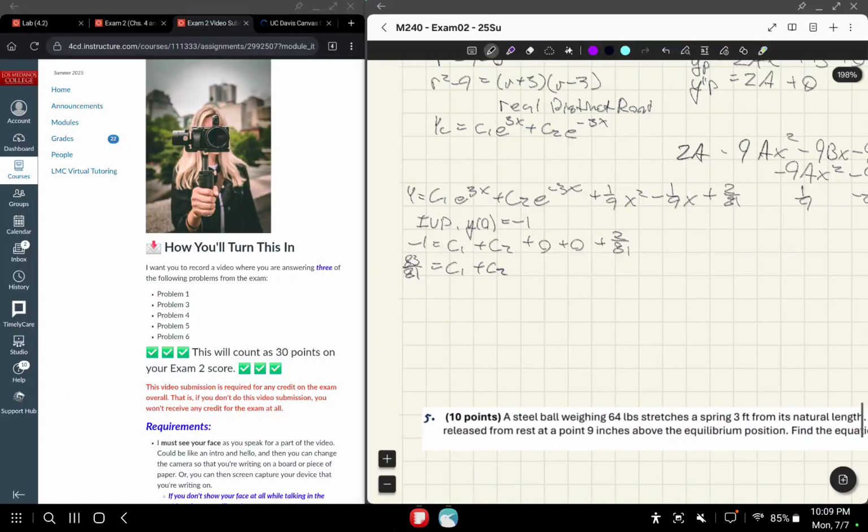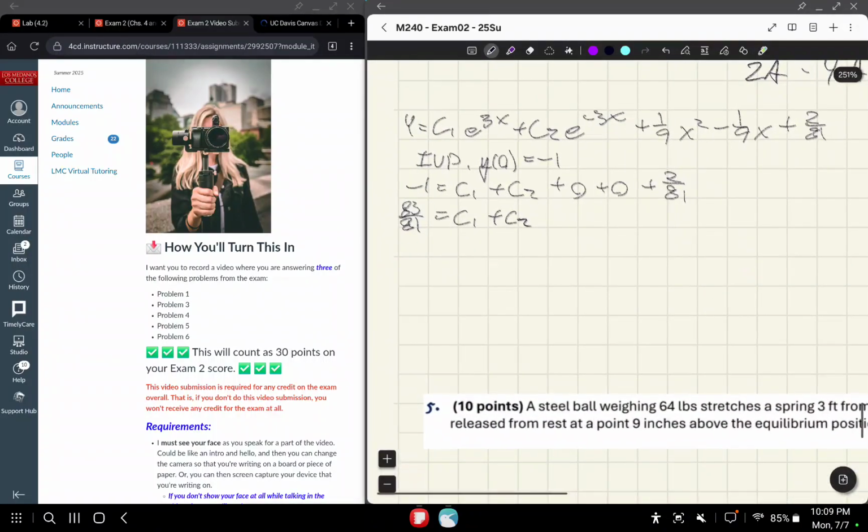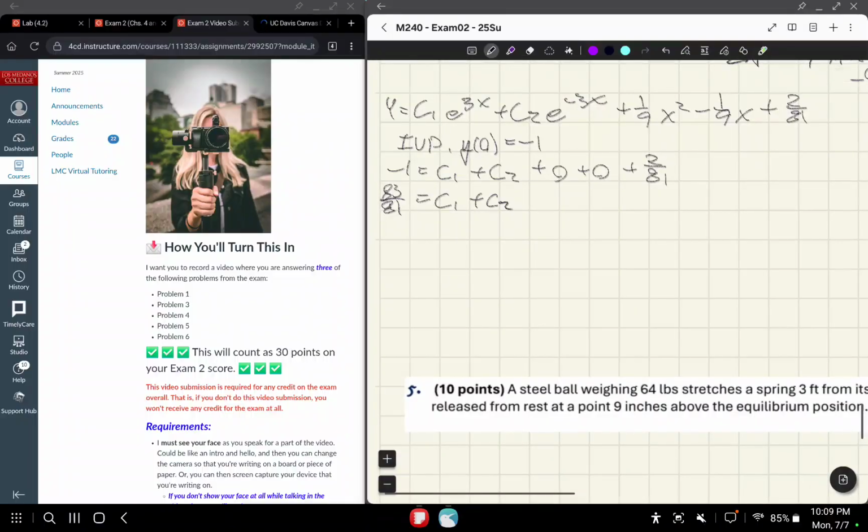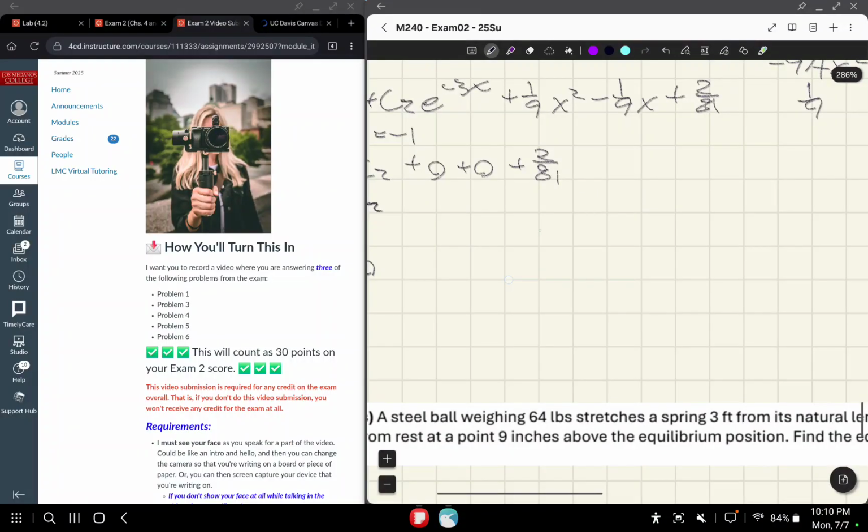Seems like we have to do a system of equations here, so we will have then IVP 2, y prime of 0 equals 0.